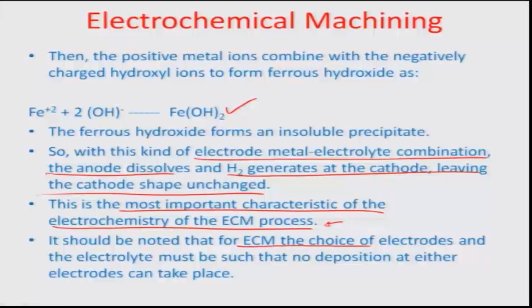So whatever the die or the overall shape of the cathode is remains as such, and it is useful for embedding onto the surface which is being machined. So it should be noted that for ECM, the choice of electrodes and the electrolyte must be such that no deposition at either electrode can take place of whatever is coming off, and that is how electrochemical machining is performed.